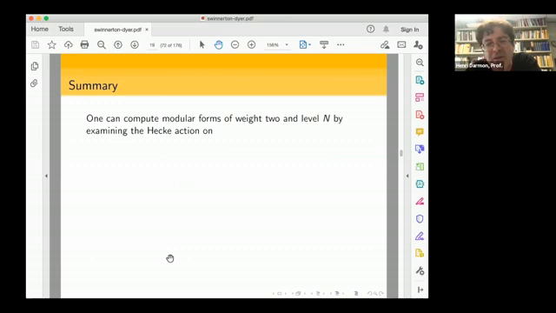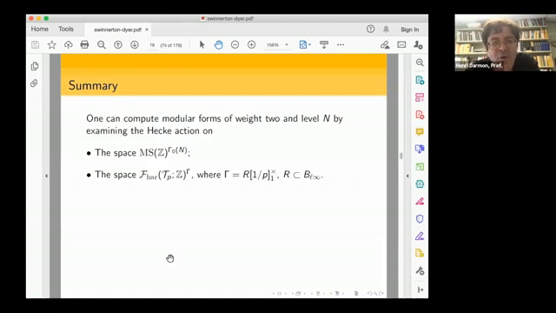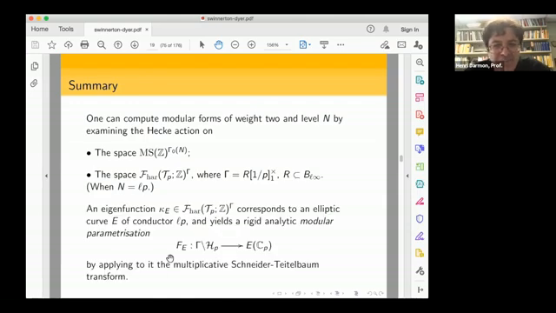And to summarize what I've said so far, I've tried to introduce the idea that one can compute modular forms of weight 2 and level n in several different ways. One could examine the Hecke action on the space of gamma naught of n invariant modular symbols, say with Z values, or on the space of gamma invariant harmonic functions on the Bruhat-Tits tree. And this second approach is a little bit more restricted. Now it applies to elliptic curves whose conductor is a product of 2 primes. But it has a certain geometric richness to it.